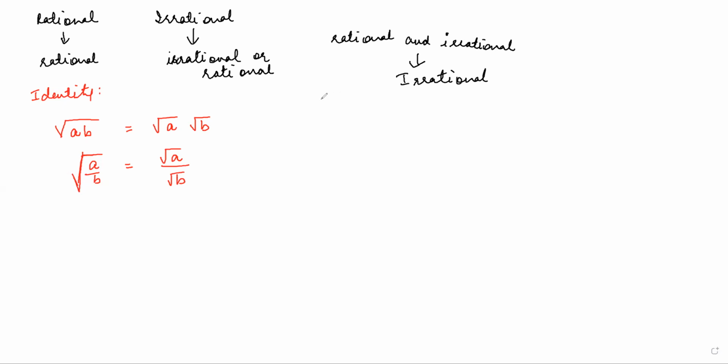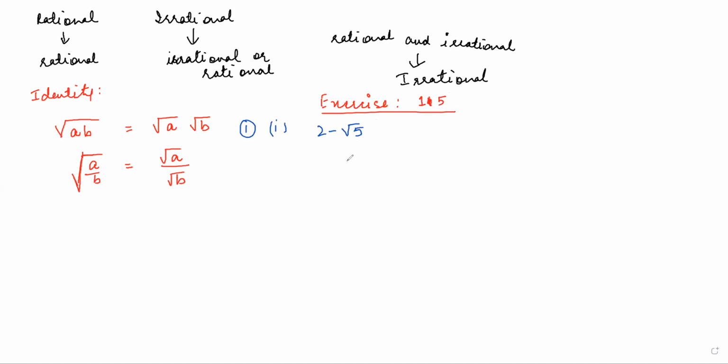Now let us come to exercise 1.5. Please open your book, all of you. Classify the following numbers as rational or irrational. First question, first part: 2 minus under root 5.